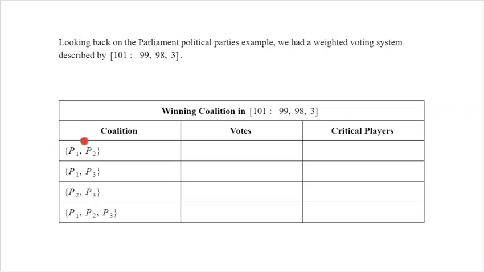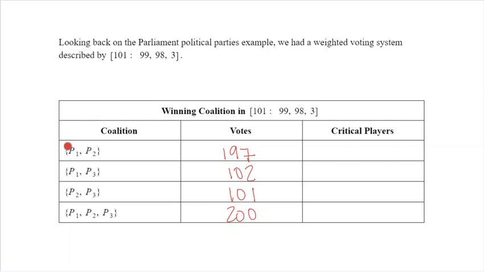So we had said that these are the 4 coalitions that are winning coalitions. If players 1 and 2 team up, that gives us 197 votes. Players 1 and 3 team up, you have 102 votes. Players 2 and 3 is 101, and all of them is 200. Now, we want to know what the critical players are.